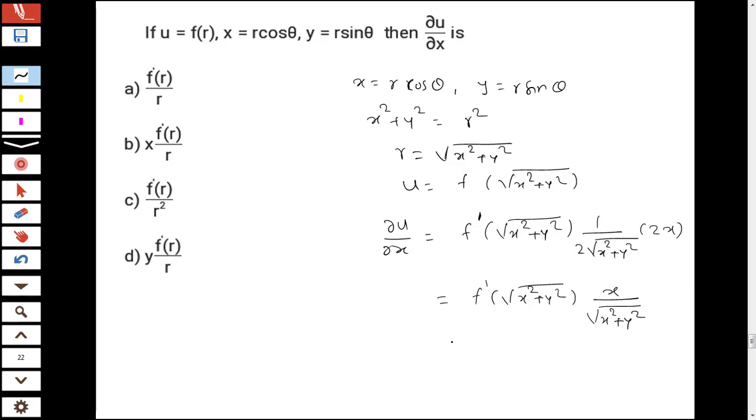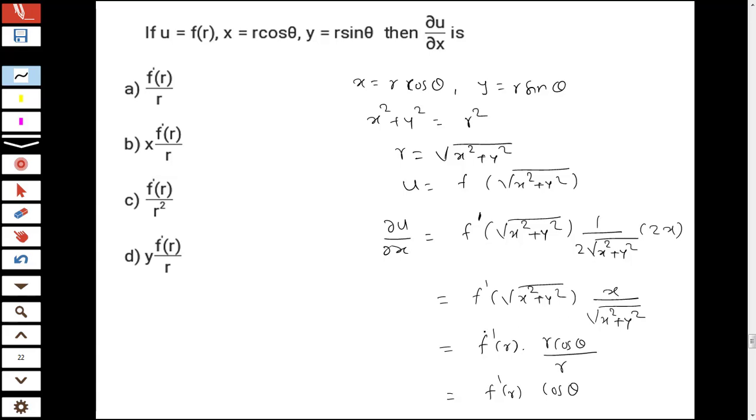Now let us put that again in the previous notation. This root x square plus y square is r, and x is equal to r cos theta. So it is f dash of r into r cos theta divided by r. So this will cancel. So the answer is f dash of r into cos theta.